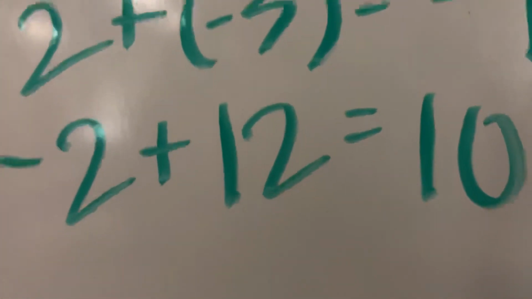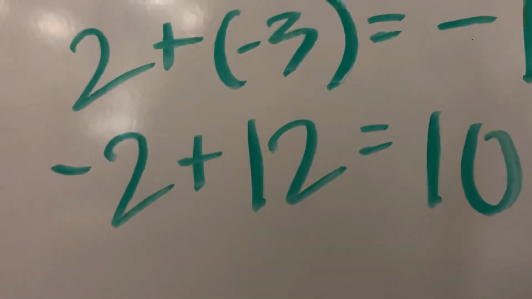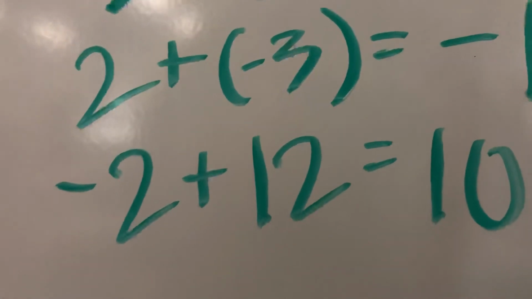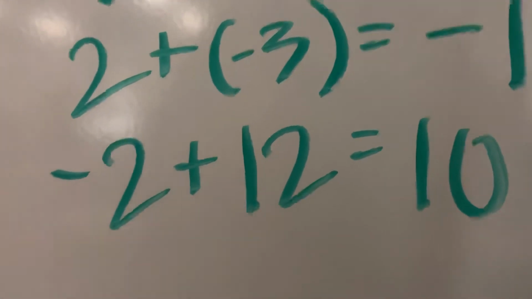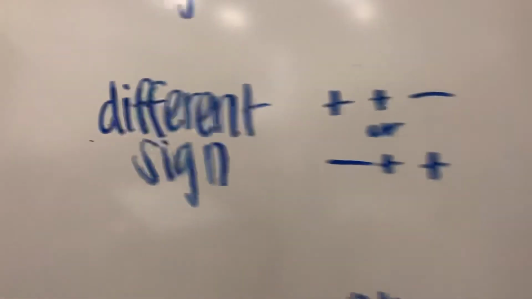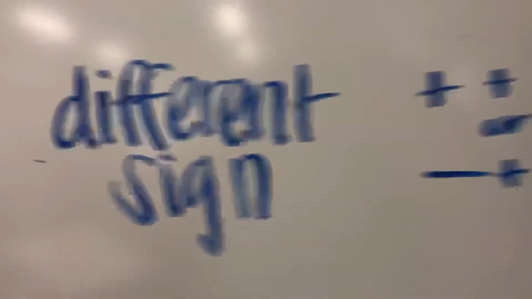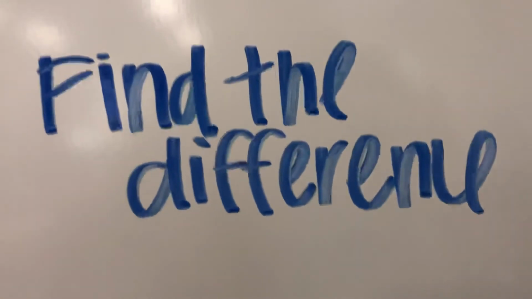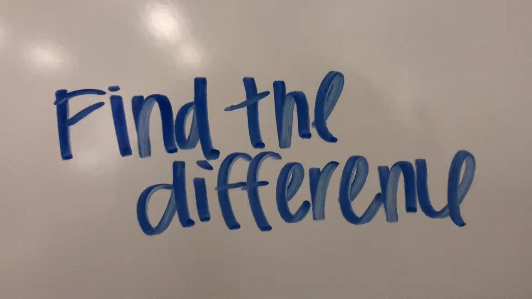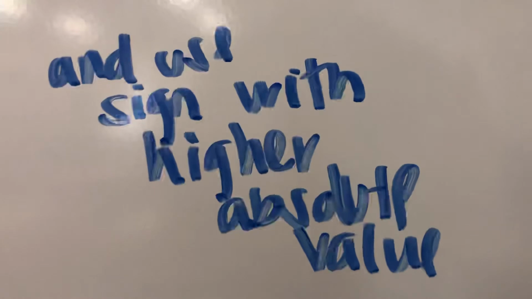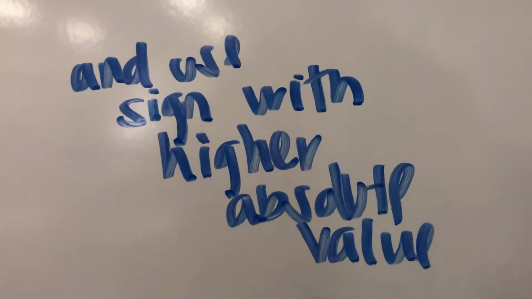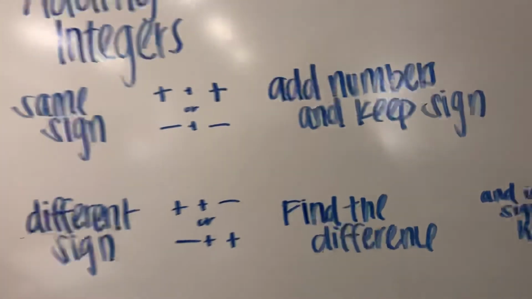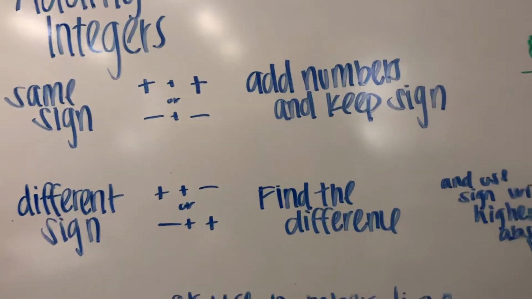The difference is 10, and because 12 has a higher absolute value than 2, we are going to stay with that positive 12. So when we have different signs, we're going to subtract those two, and then we're going to use the sign that has the higher absolute value. So these right here are showing our different rules.